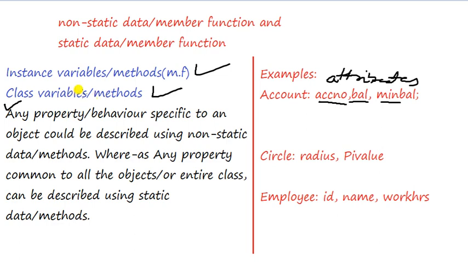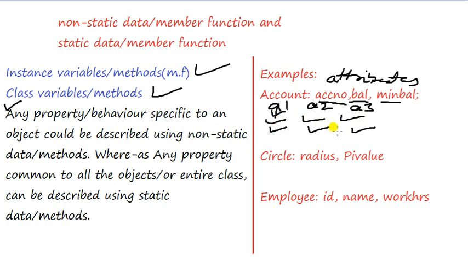So let's now find this in the given list. Account number: say there are 3 accounts. Does every account have a specific account number? Yes. A2 has its own, A3 has its own. What about balance? Balance is also specific to A1, to A2 and to A3.